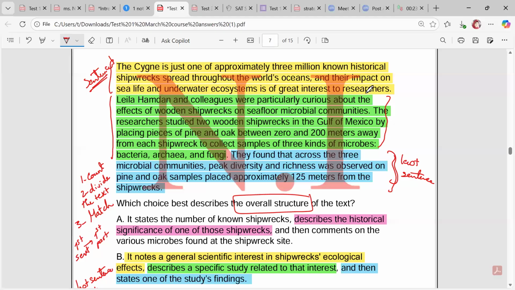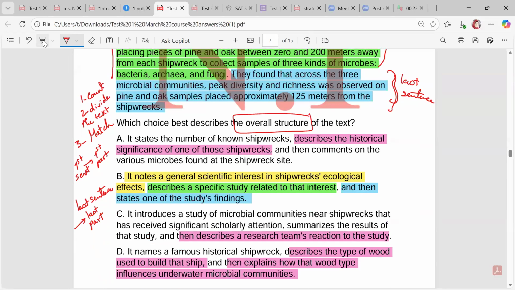Meaning their impact, okay. Their impact on sea life and underwater ecosystems is of great interest. Researchers are very interested in their impact. Okay, make sure you try to match the first sentence with the first part.